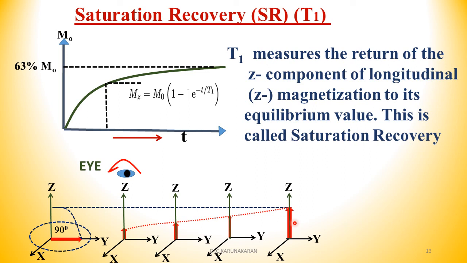Z is the longitudinal magnetization component, at its equilibrium value. By fitting the curve, we can calculate the T1 value by using saturation recovery.